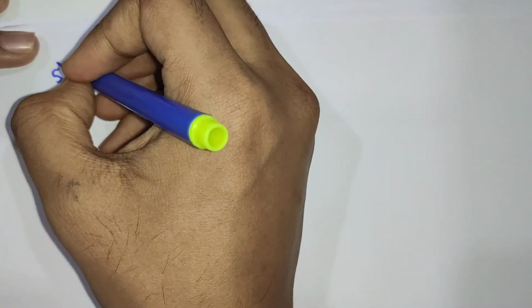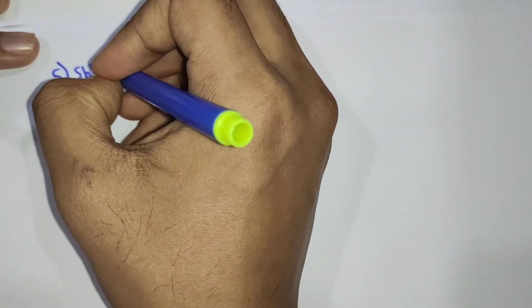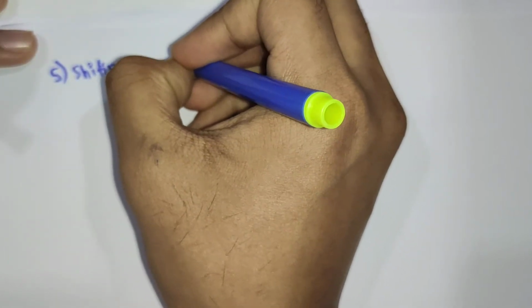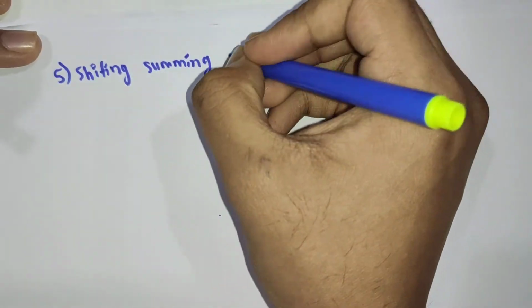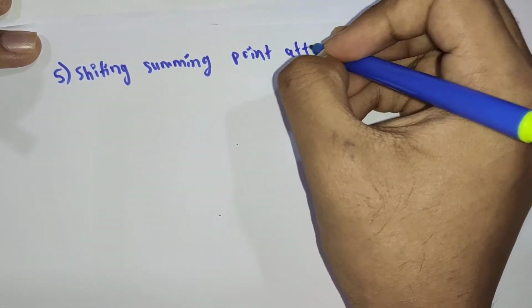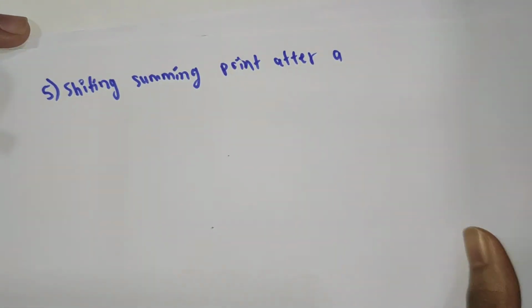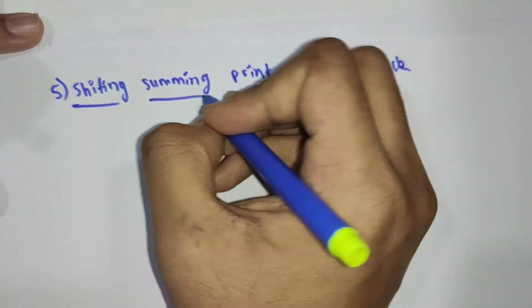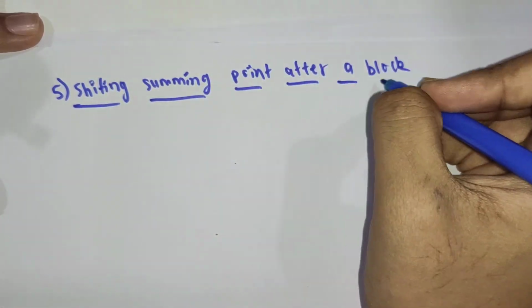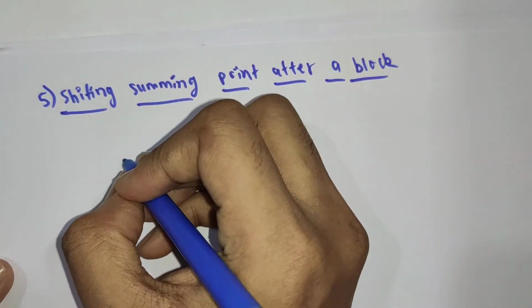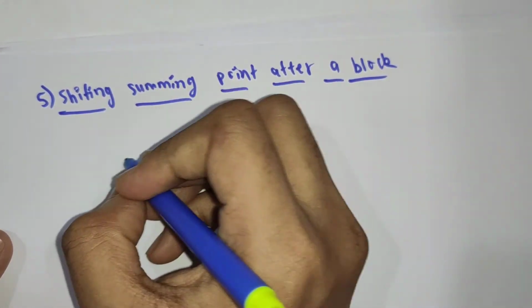Okay, the fifth one, shifting a summing point after a block, and these rules are very important and very helpful while reducing or while doing the sums based on the block diagrams.